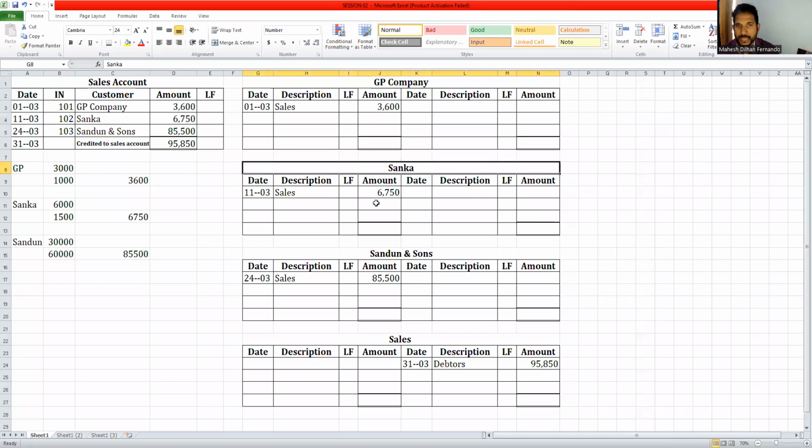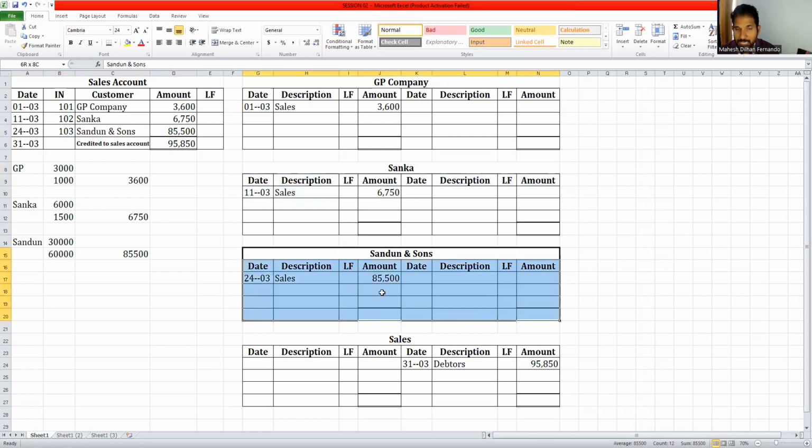So you debit Sanka's personal account 6,750 as the sales. And for Sandun and Sons, 85,500. Sandun and Sons account is debited on the same day, 85,500. How do you get it? 30,000 plus 60 minus 5% discount. It is a 5% rate discount, not 10.